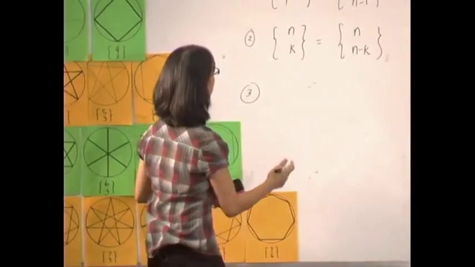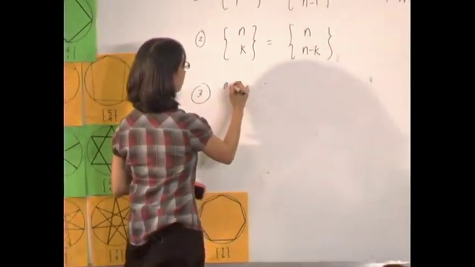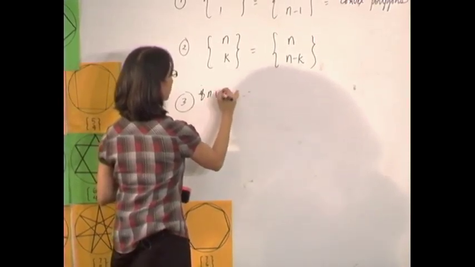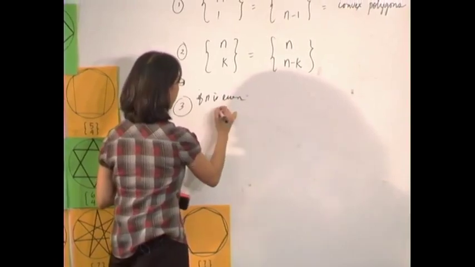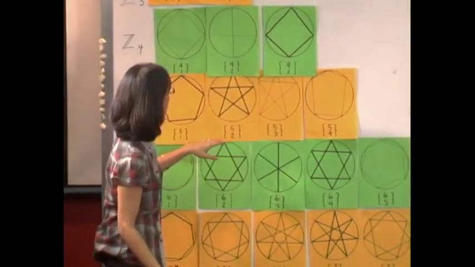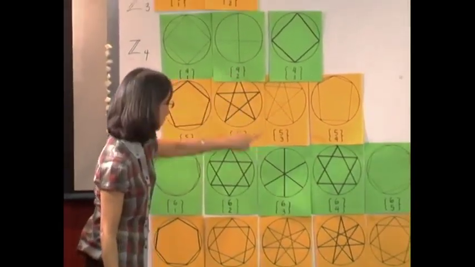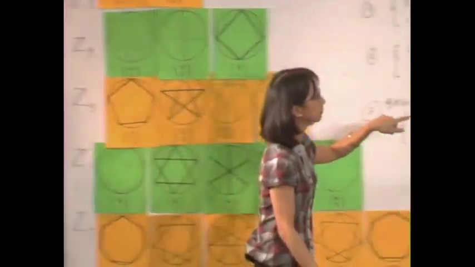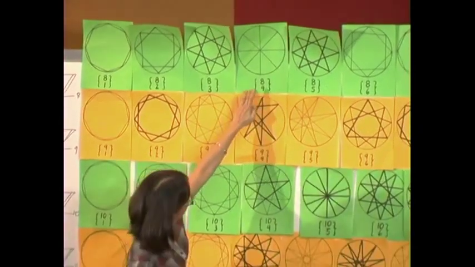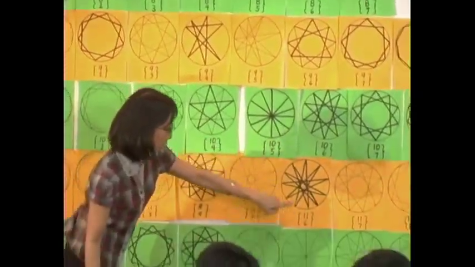So if our n is even, what can you say about n, the middle ones? 4, 2, 6, 3, 8, 4, what's next? 10, 5, and 12, 6.